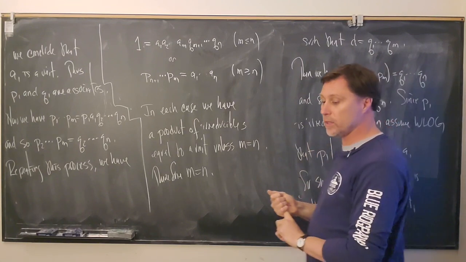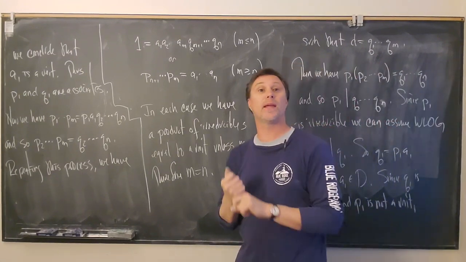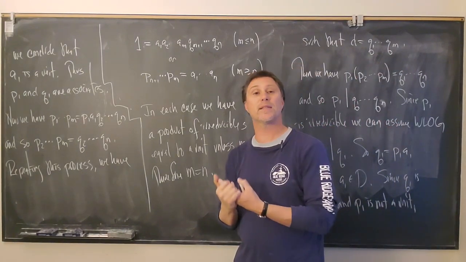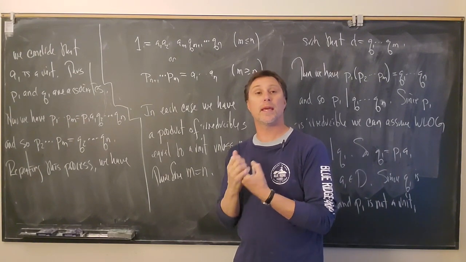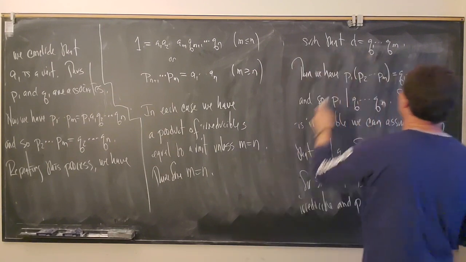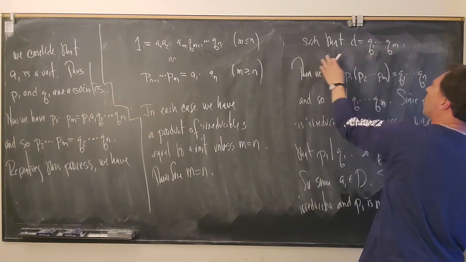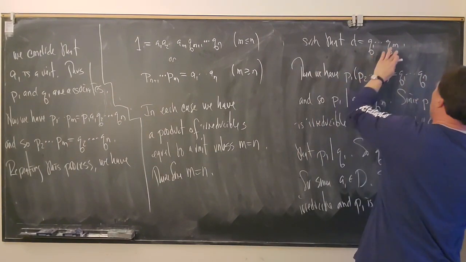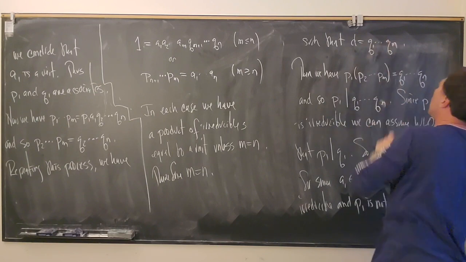Every non-unit, non-zero element in a PID can be expressed as a product of irreducibles in essentially a unique way. Right? Oh, and you know what? I just realized right there that one should have been an N. Oops.